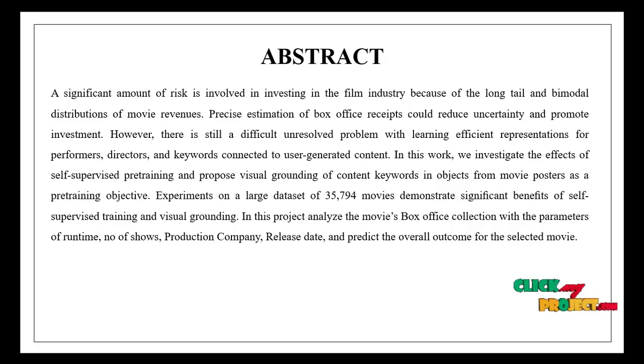However, there is still a difficult unresolved problem with learning efficient representations for the performers, directors, and keywords connected to user-generated content. In this work, we investigate the effects of self-supervised pre-training and propose the visual grounding of the content keywords in objects from movie posters as a pre-training objective.